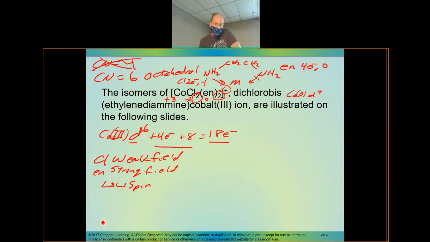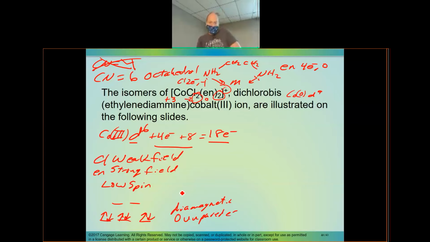All right, so then when we put in our 6 d electrons in our 5 d orbitals here, the 6 electrons are all going at a low spin, and so you have diamagnetic, 0 unpaired electrons.